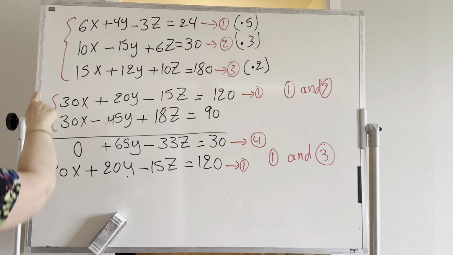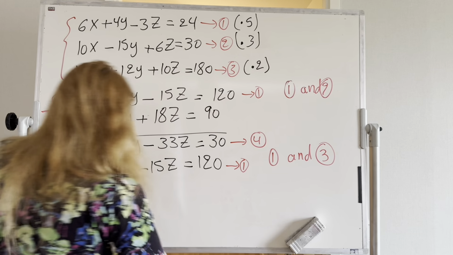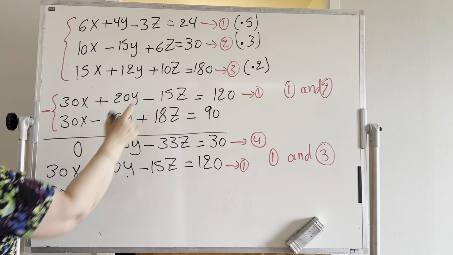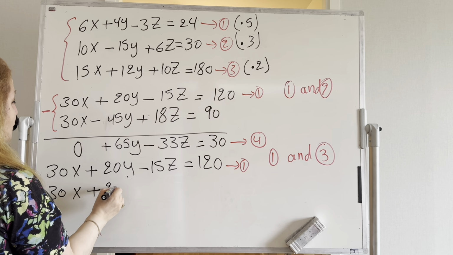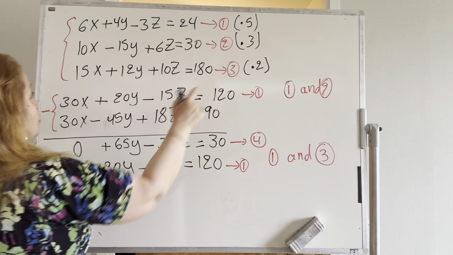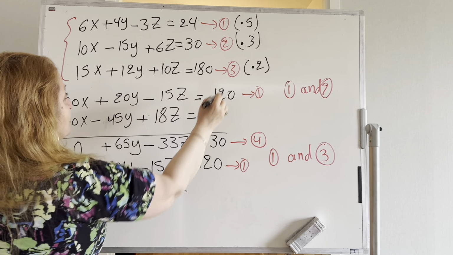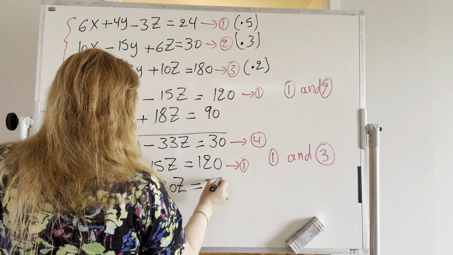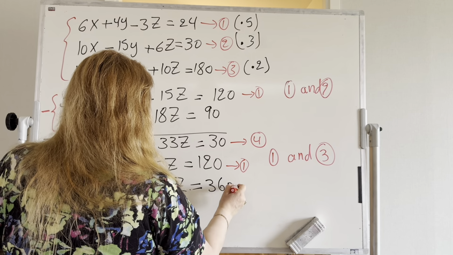Now the third equation, I will multiply it with 2. 2 by 15, 30x. Plus, I have 2 by 12, 24y. 2 by 10, plus 20z, and 2 by 180, it will be 360, and this is my third equation.